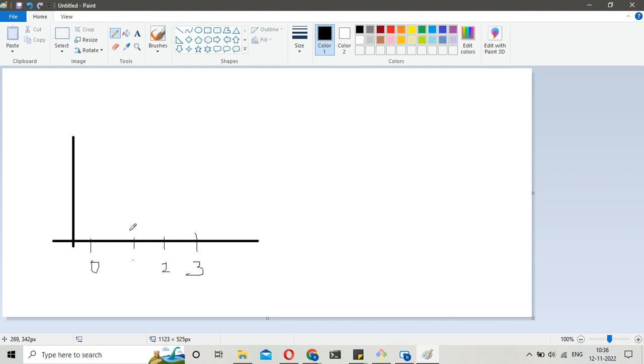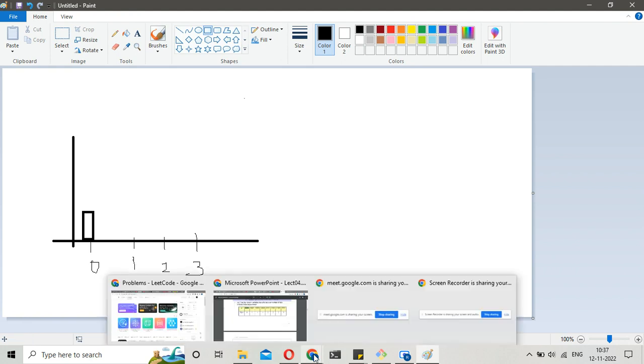So I'm saying the height of this will be 1 by 8 actually. I mean 0.125 you will plot. Then how many times can you get one head, one tail?